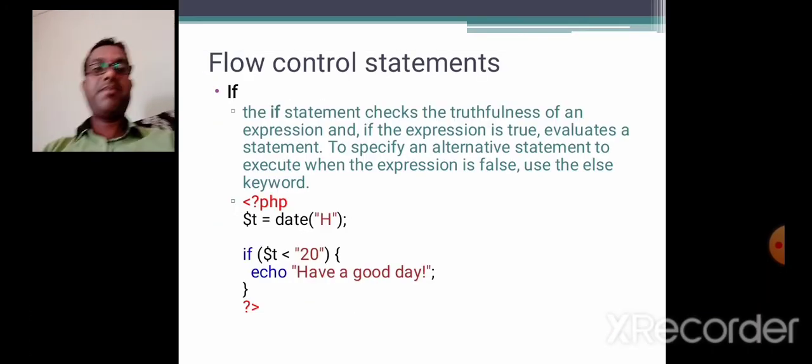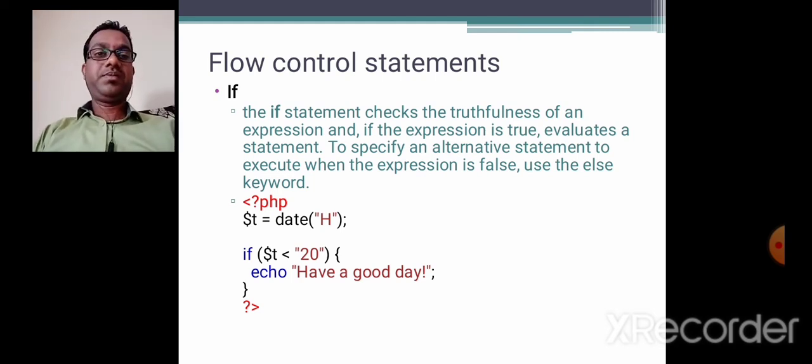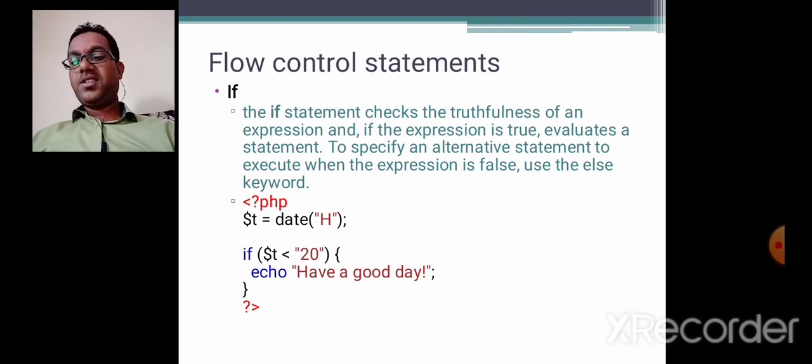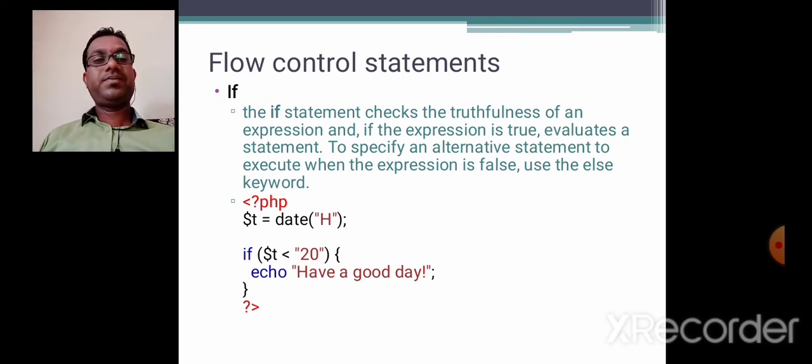Then the next point is flow control statements. This is the last point of this session. We know that if is the statement that checks the truthfulness of an expression. It means if the expression is true, it evaluates the statement.